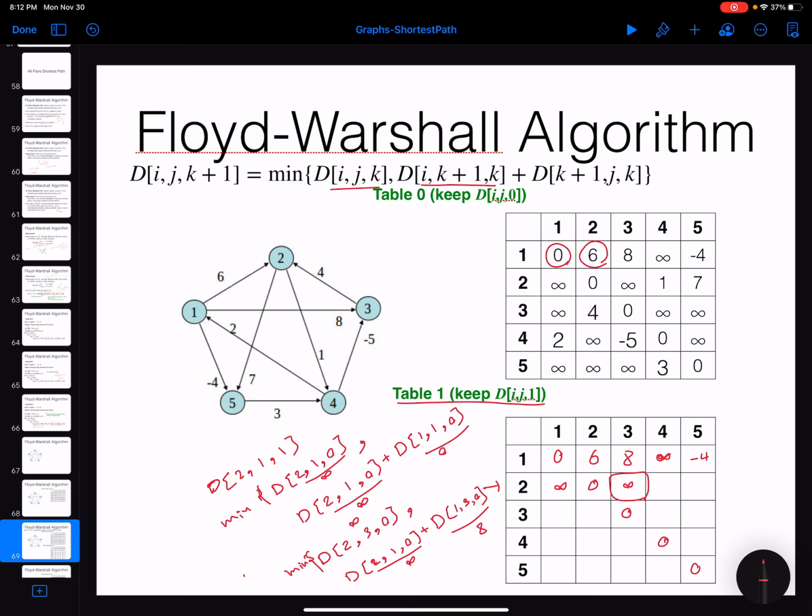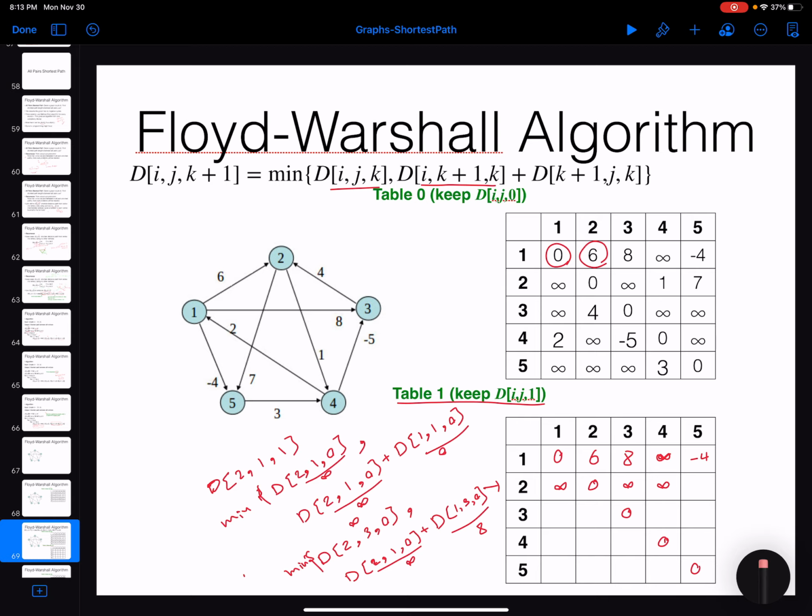How about 4? The cost of going from 2 to 4 using 1, so this is going to be this one, right? This one is going to be infinite as well. I'm not going to write down all the formulas here, but this one is going to be infinite as well.